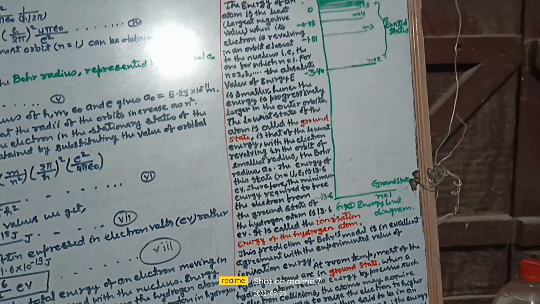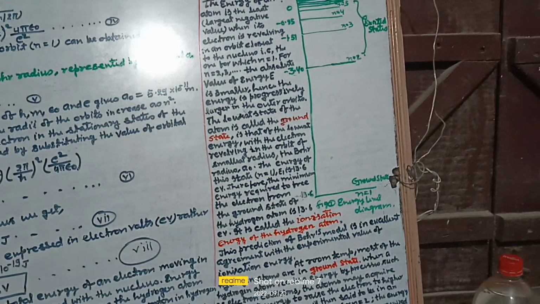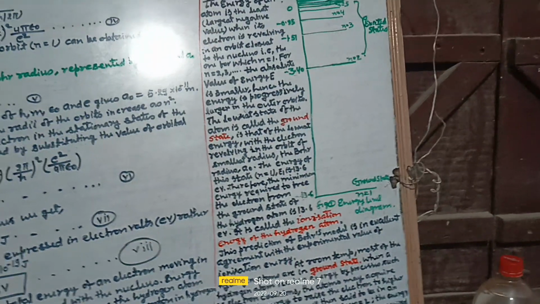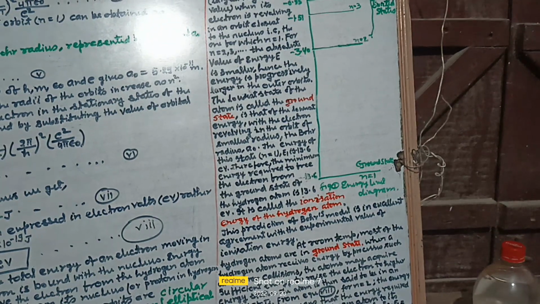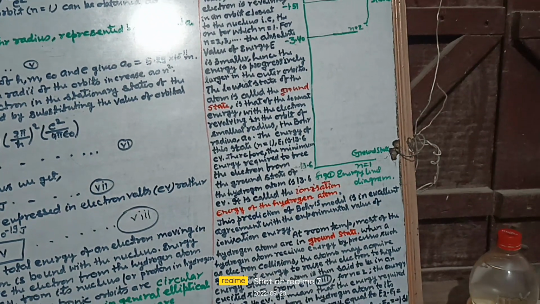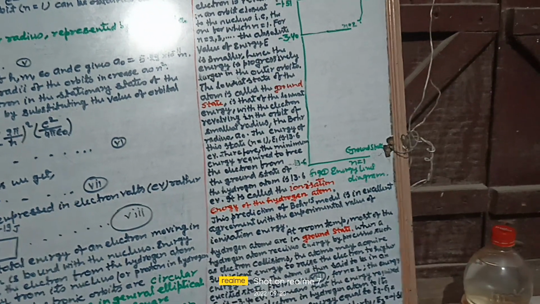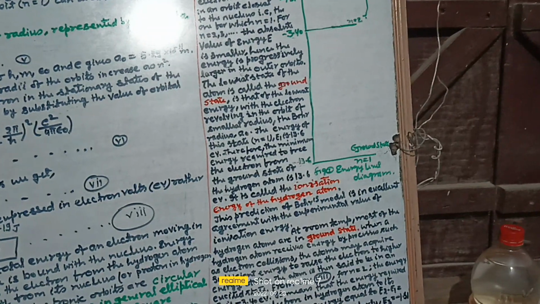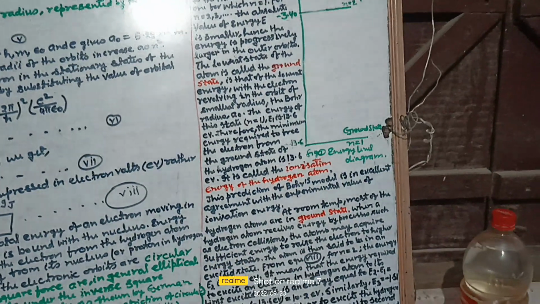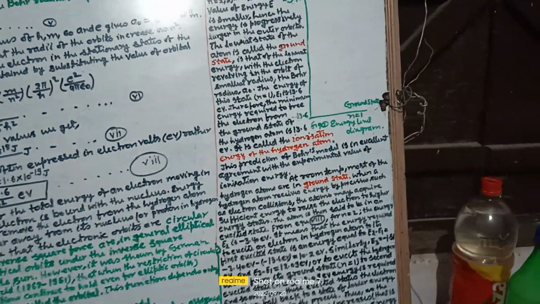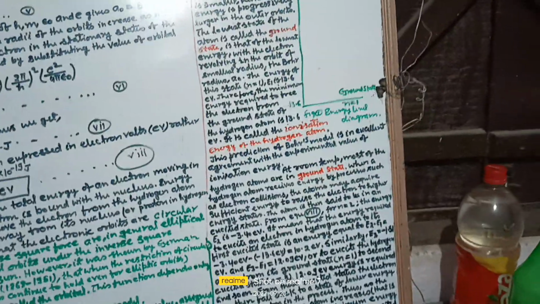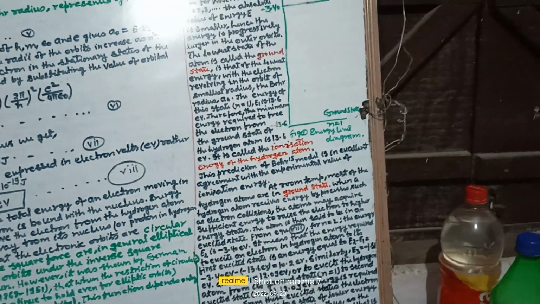The energy of this state, n equals 1, E1 is minus 13.6 electron volt. Therefore, the minimum energy required to free the electron from the ground state of the hydrogen atom is 13.6 electron volt. It is called the ionization energy of the hydrogen atom. This prediction of Bohr's model is in excellent agreement with the experimental value of ionization energy.